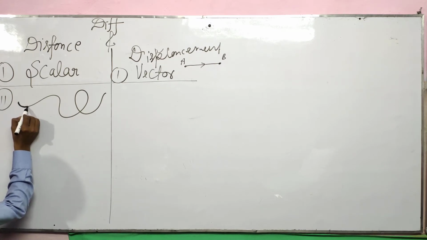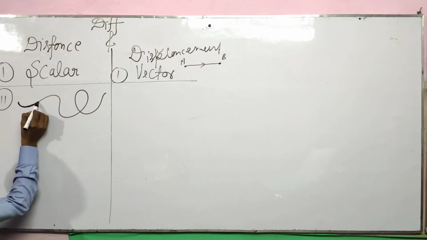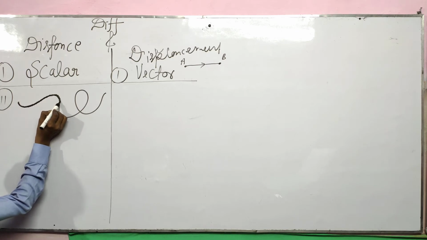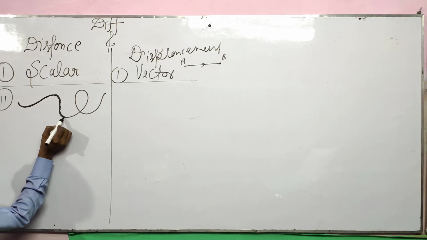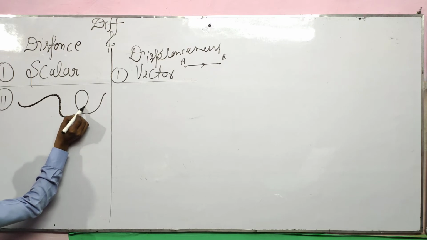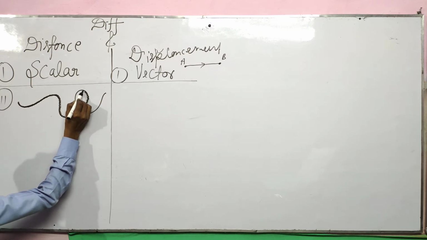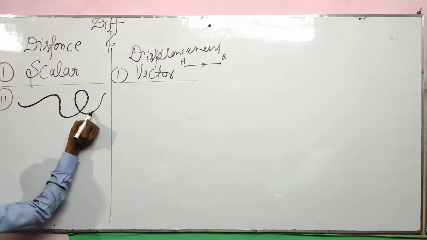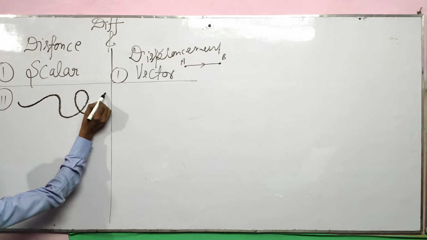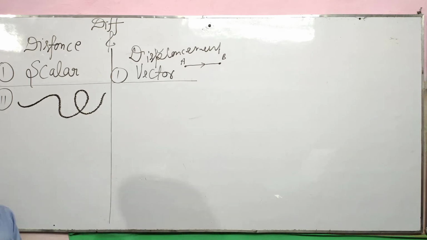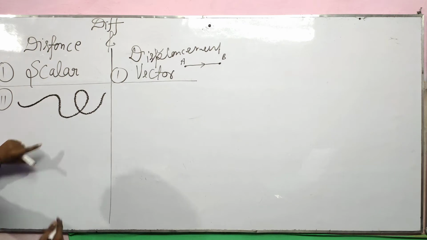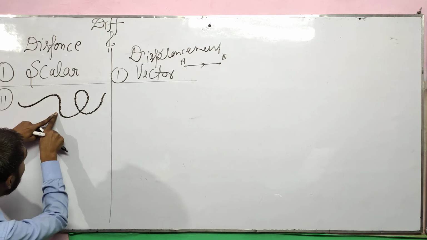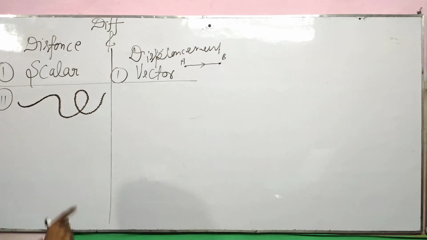It is the length of this path. What is distance? Distance is the length of this actual path covered by the object.